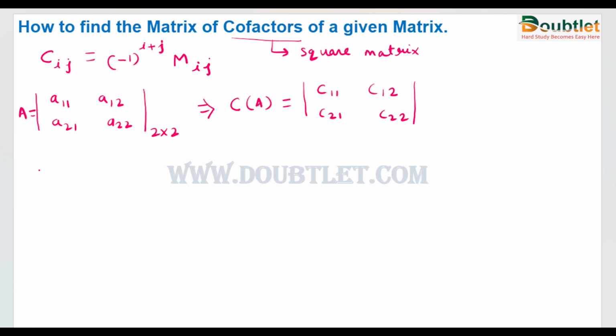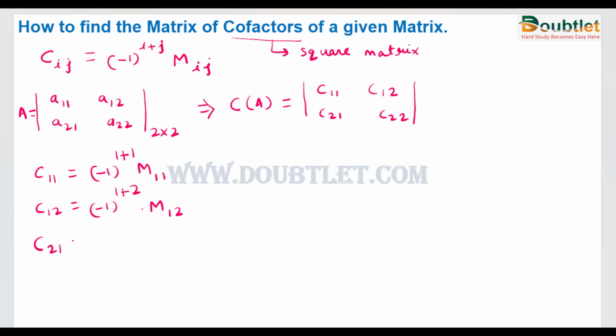To find the value of C11, we need to use the above given formula, that is minus 1 to the power 1 plus 1 and minor of 1 comma 1. To find the value of C12, we will use the formula minus 1 to the power 1 plus 2 multiplied by M12.